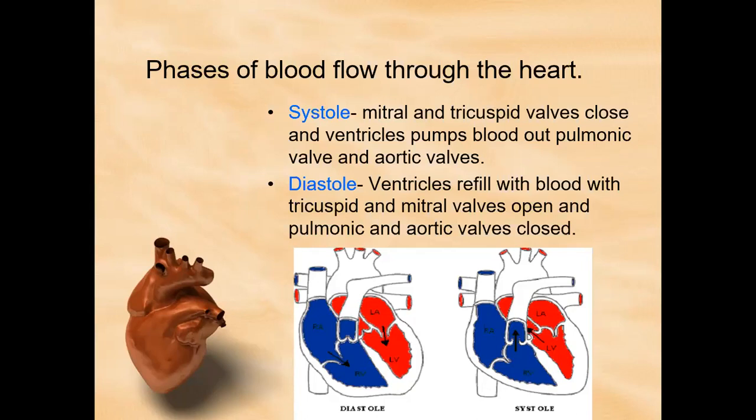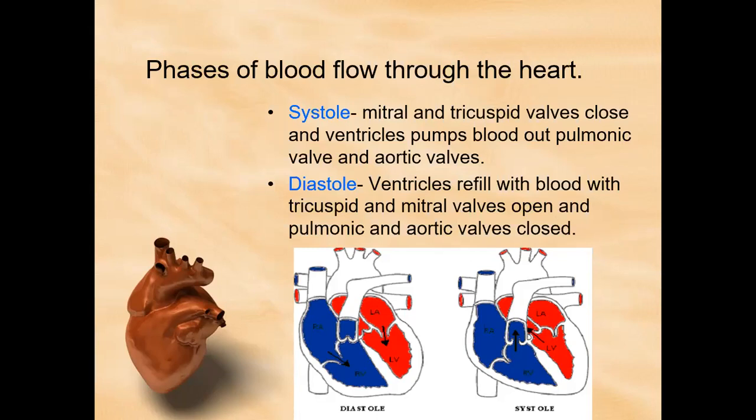When the ventricle relaxes, the pressure decreases. So when you feel your pulse and you feel the blood vessel push against your finger, that's when the ventricle has contracted, sending the blood out. When it comes away from your finger, the ventricle has relaxed. Does that make sense to everybody?